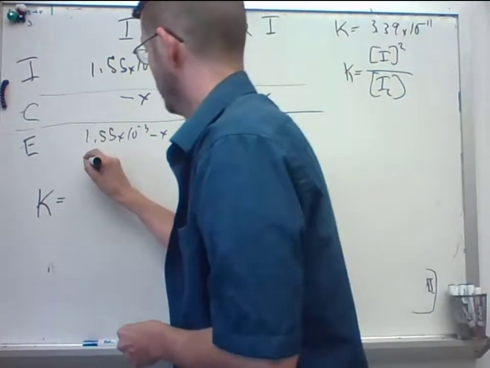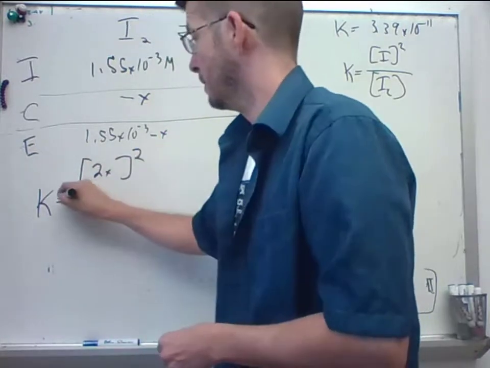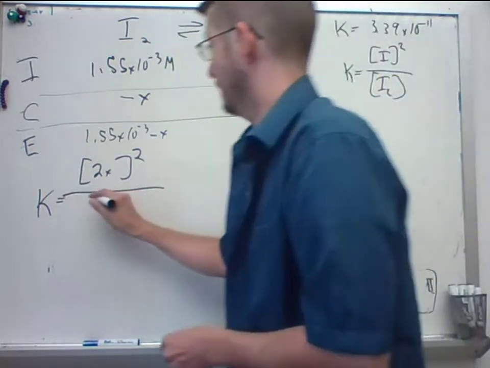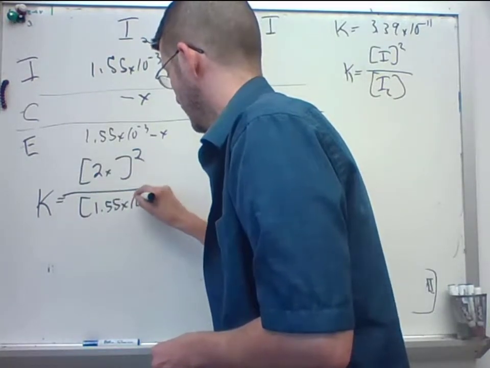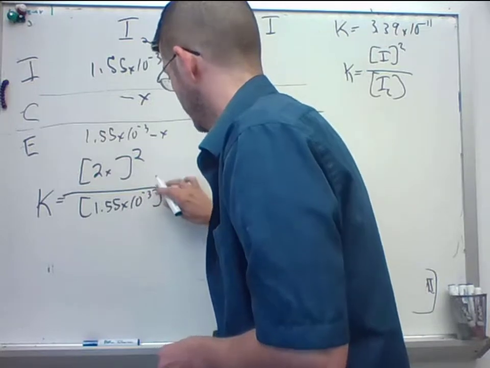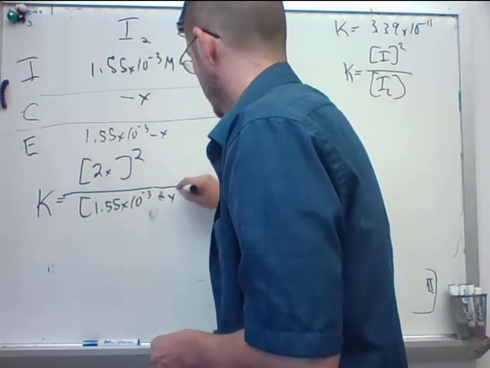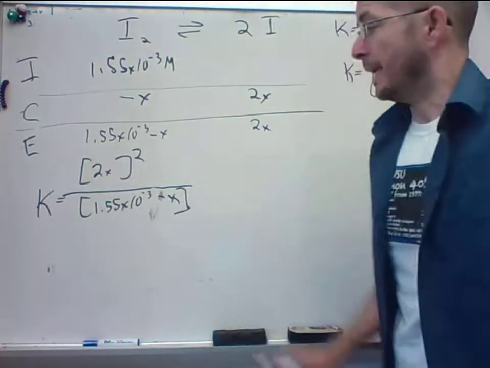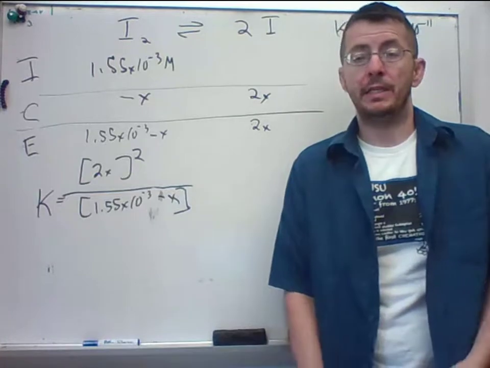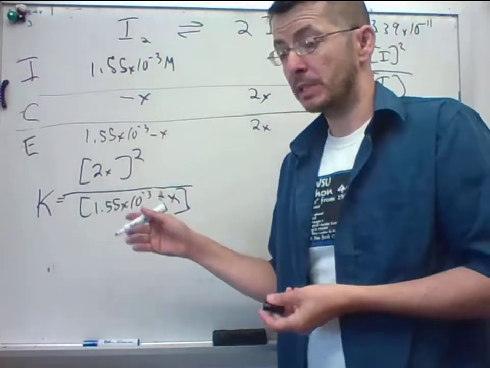K is equal to I2, 2x squared, divided by our starting material, and then once again we can rearrange and solve for our equilibrium expression.